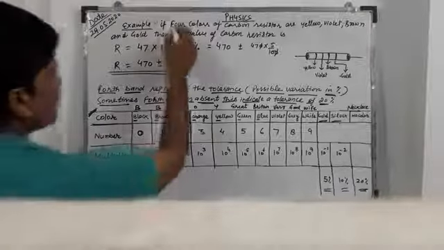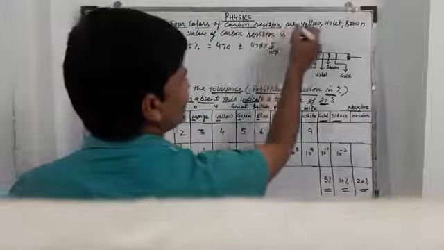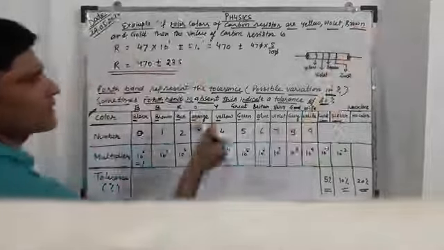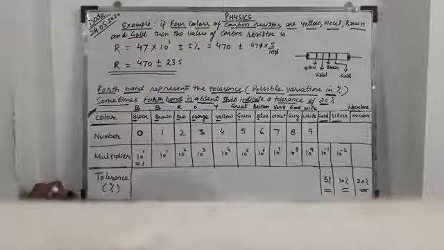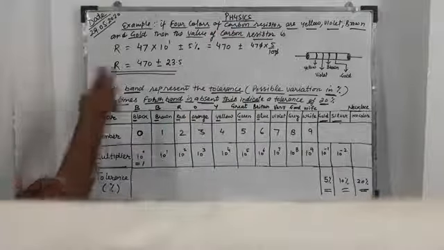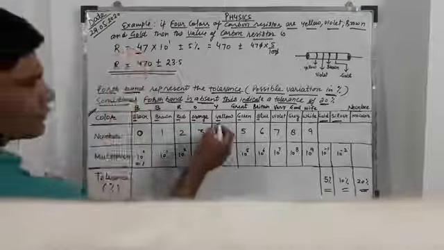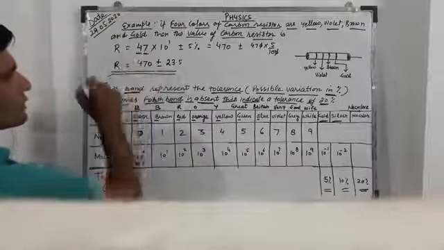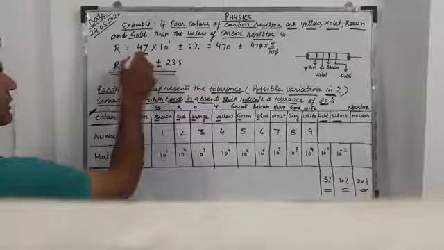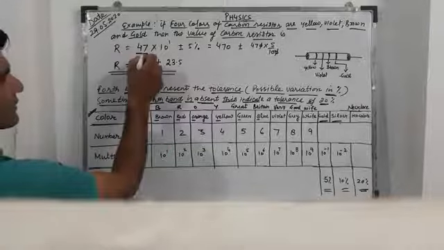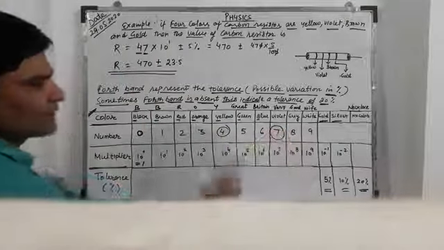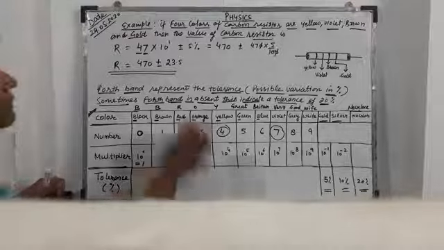For example, if the four colors of a carbon resistor are: first yellow, second violet, third brown, and fourth gold, then the value of the carbon resistor R is this: 4 for yellow and 7 for violet, these two digits coming from the first row.